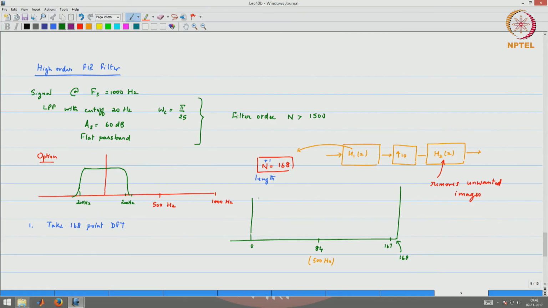So, your filter response will have these sorts of values up to around 33, and then you expect to see some small values, that is your stop band. Agreed? This is what you would see. You took a 168 point FFT, these are all the pass band, so this corresponds to pass band, and the rest is the stop band.